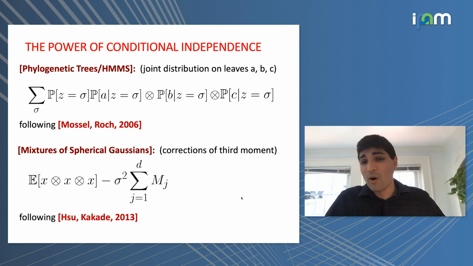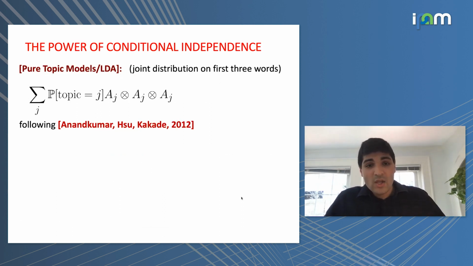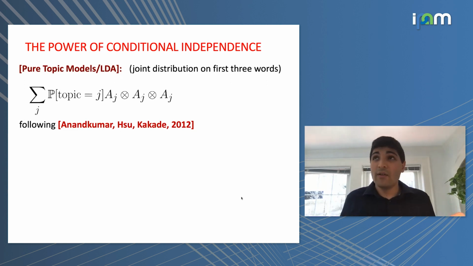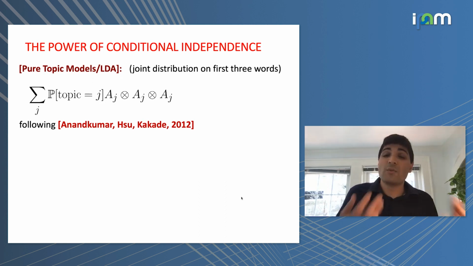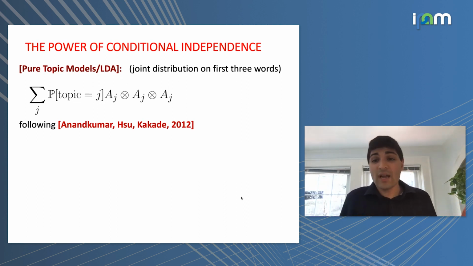Sometimes you have to do a bit more work to construct the right function of your moments to get something which is a low-rank tensor, but it can be done. You can do this for things like pure topic models, which are models for documents where you think about there being some sort of universe of topics that you could write about, and each topic is itself a distribution on words, and each document is described as a distribution on topics.